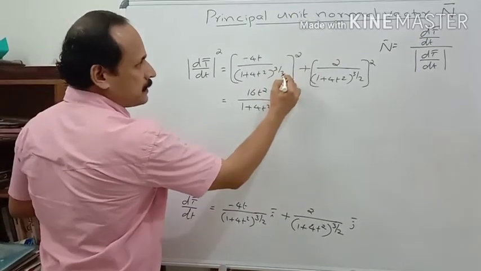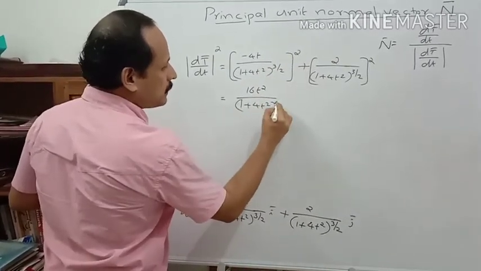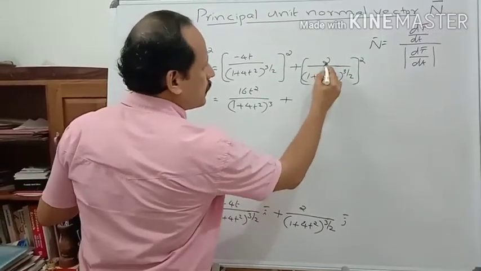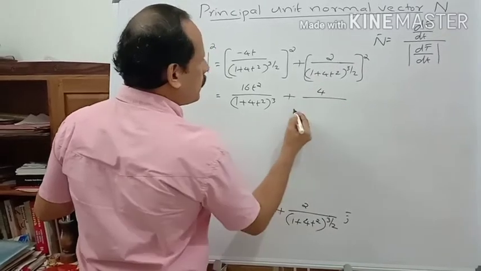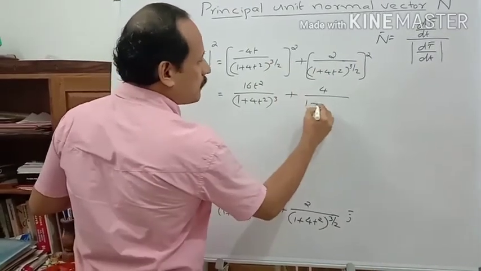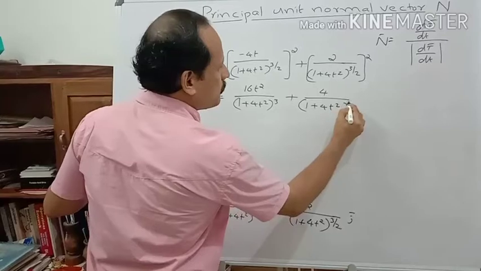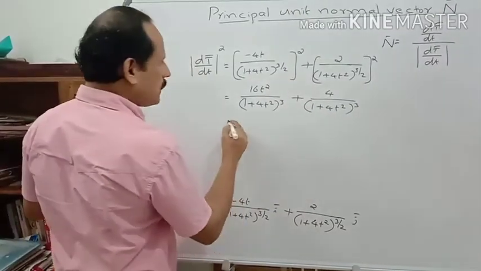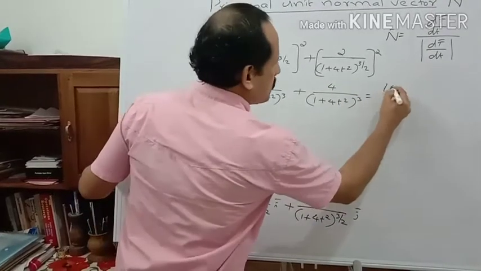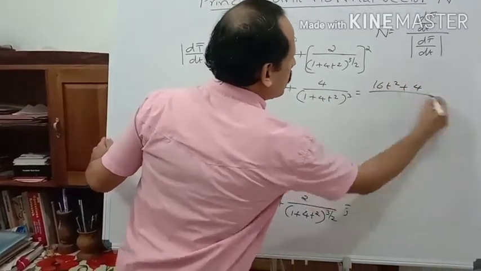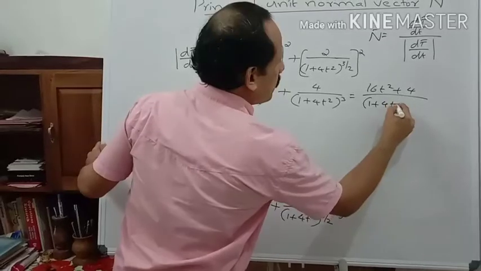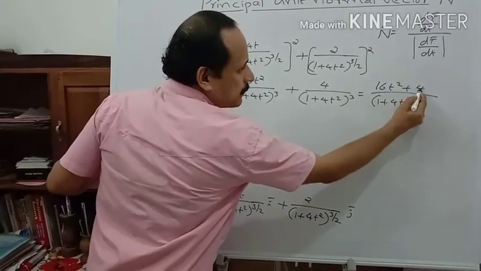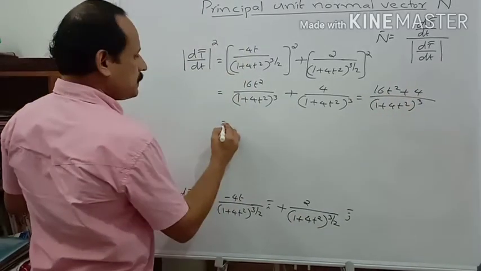Therefore 2 and these 2 get cancelled, we get 1 plus 4 t square whole cube, plus here 2 square, which is 4 by, like this we get here 1 plus 4 t square whole cube, and these two denominators are equal. Therefore this is equal to 16 t square plus 4 by 1 plus 4 t square whole cube, and you take 4 as common from these two terms.